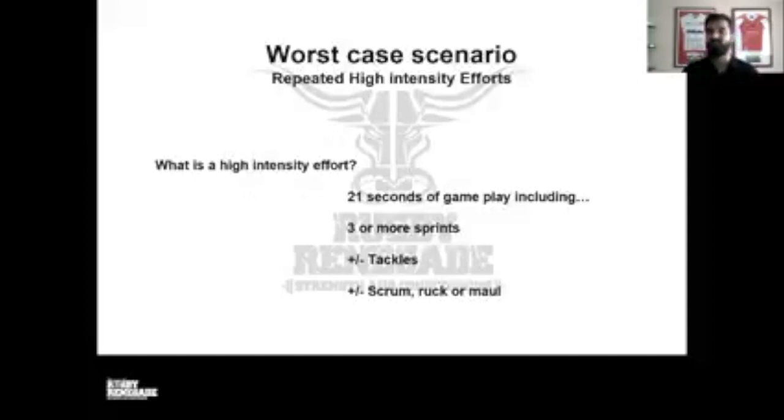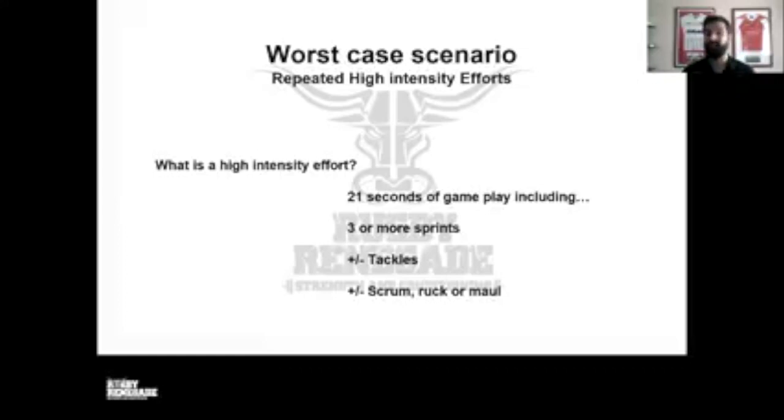And it brings us on to the crux of the message for today's presentation, which is preparing for the worst case scenario. So a high intensity effort has been defined as 21 seconds of gameplay. I'm not sure why. I think this was based on game analysis, and I thought it was appropriate. And within that 21 seconds, 3 or more sprints, with or without tackles, with or without a scrum, ruck, maul.